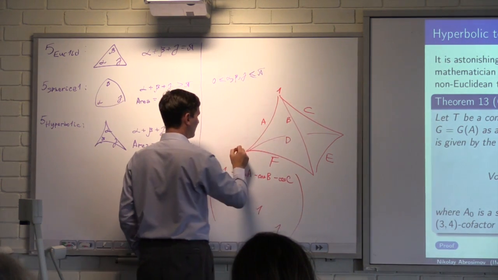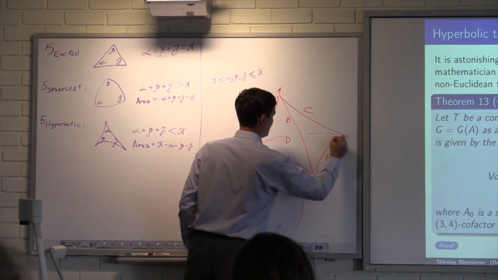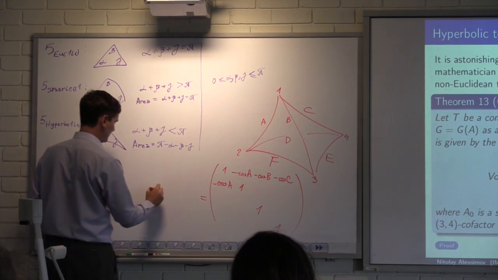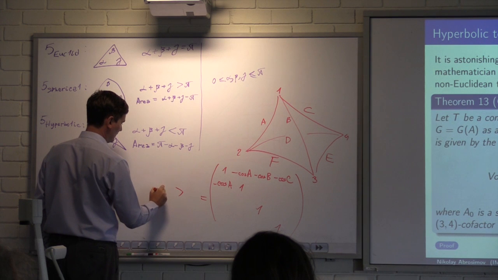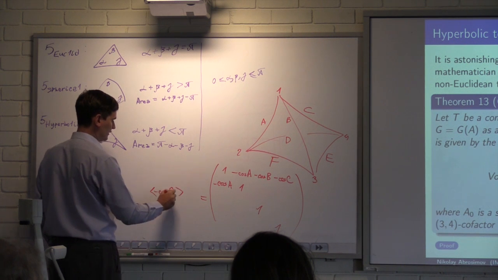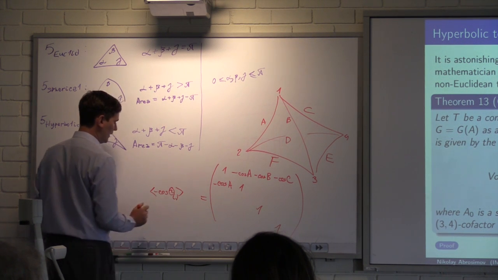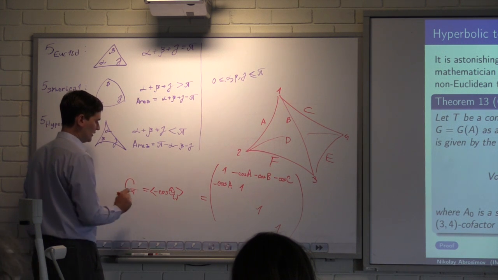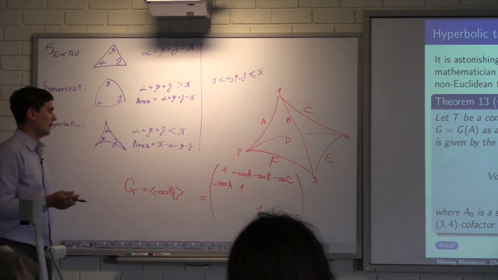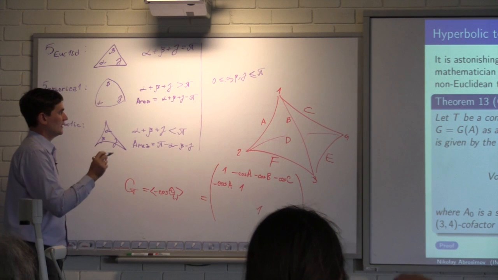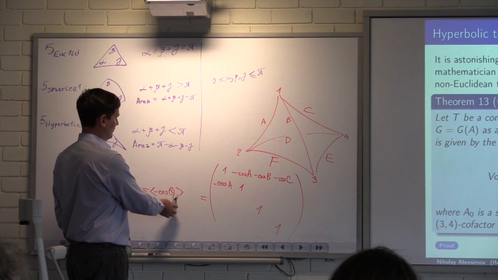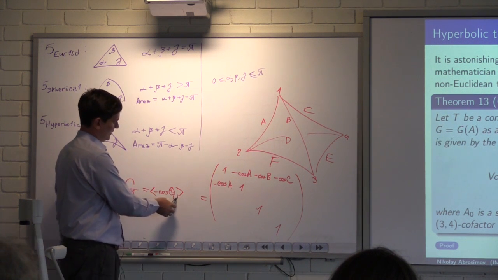Let me use another notation. We enumerate the vertices, and the Gram matrix G is just a matrix consisting of minus cosines of dihedral angles theta sub ij, where theta ij is the dihedral angle along the edge which connects the vertex with number i to the vertex with number j.